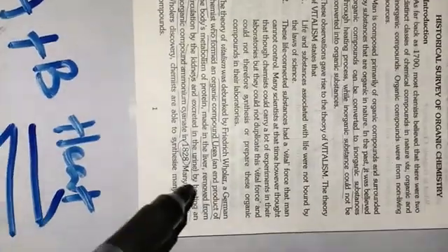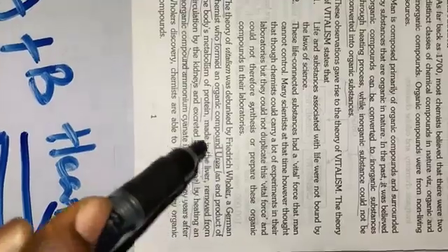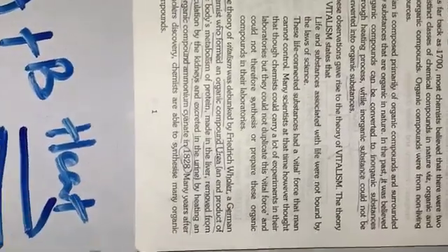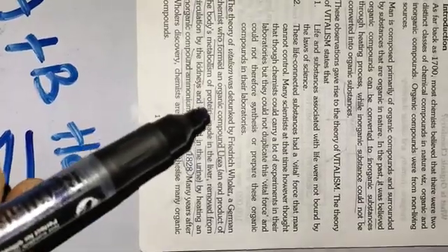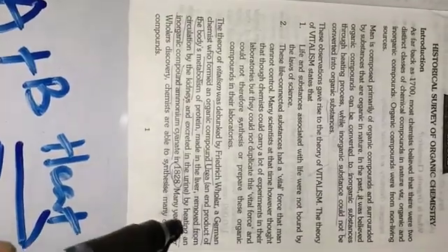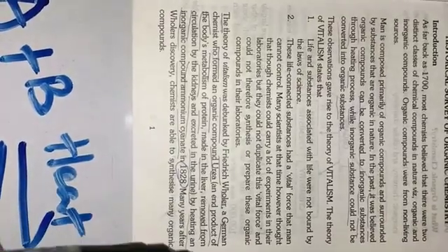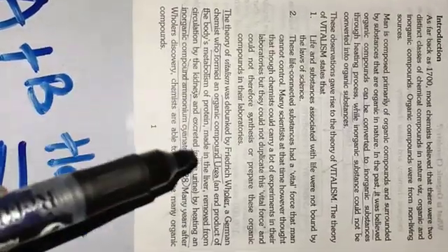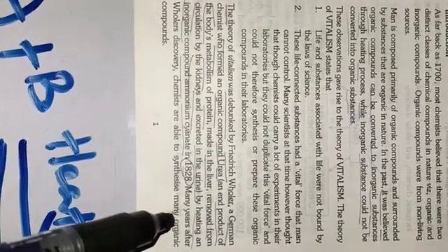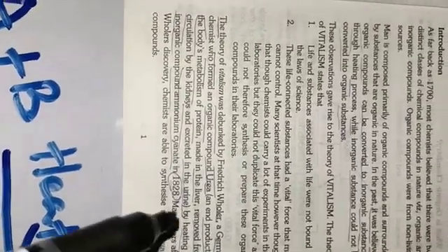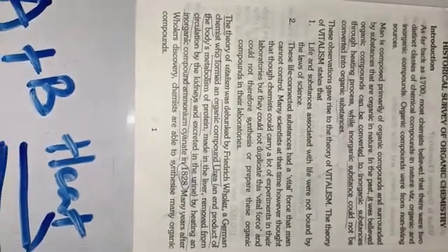So this theory was debunked by Friedrich Wohler, sometimes pronounced Friedrich Wohler, for remembrance. Friedrich Wohler was a German chemist who formed an organic compound, urea, by heating an inorganic compound, ammonium cyanate, in 1828. So this Friedrich Wohler was a German chemist who debunked this theory of vitalism. And what did he do?